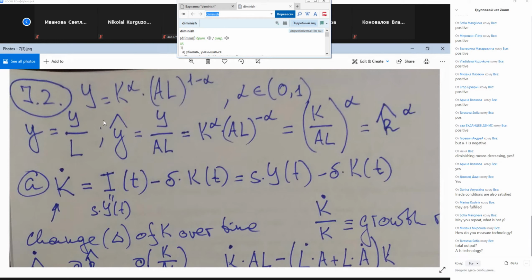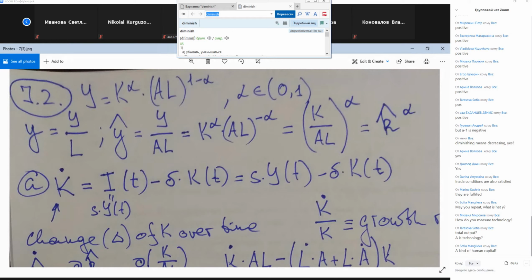Right, and now we introduce a new kind of human capital. There is this paper by Mankiw, Romer, and Weil, and they took one step forward with the Solow model, and they introduced human capital as an additional factor.